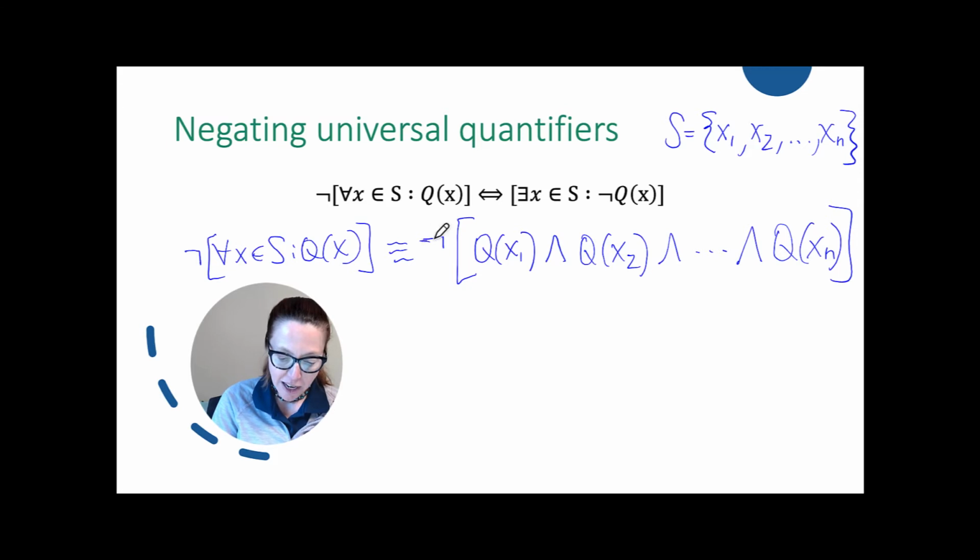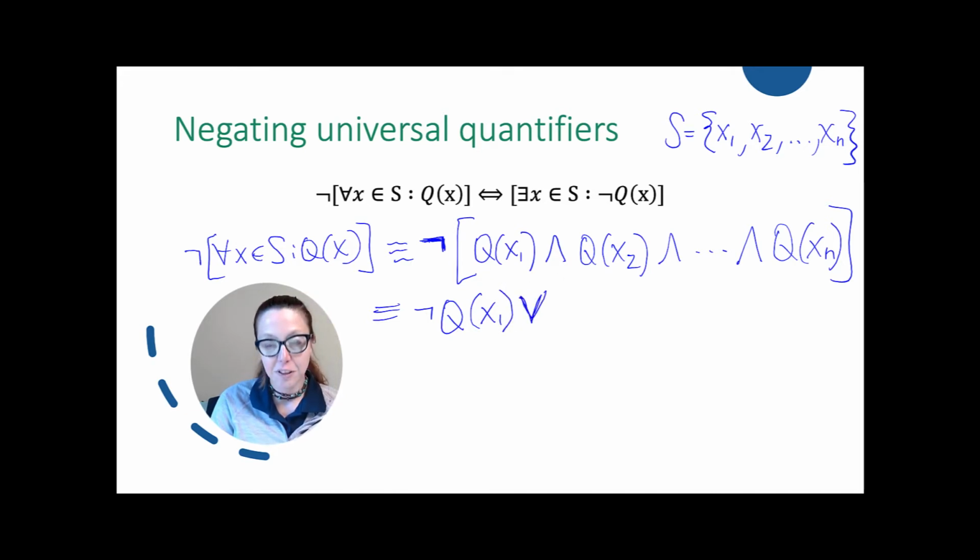Okay, but now I have that negation. And we know from De Morgan's laws that if I negate across conjunction, what happens is I actually get the negation of the first one, and I flip that to be or instead of and, so I move it from conjunction to disjunction, but then I keep that negative.